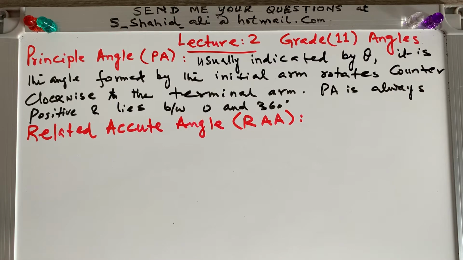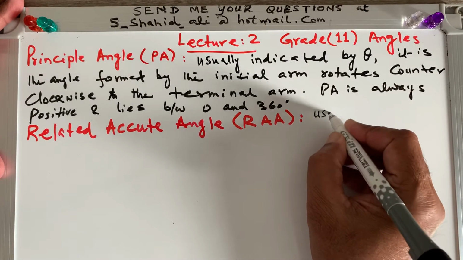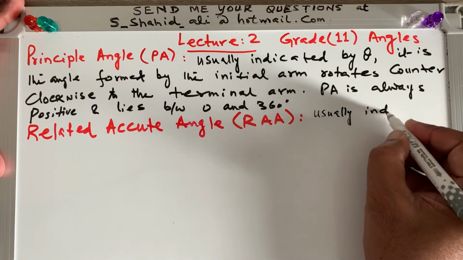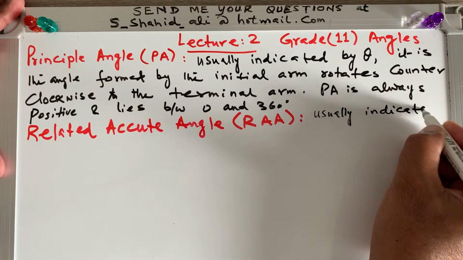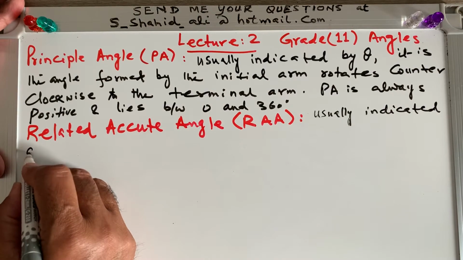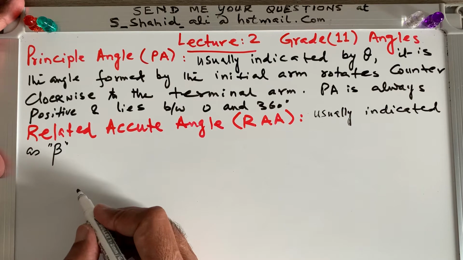The related acute angle is usually indicated by the Greek alphabet beta. So let me write it for you, right?